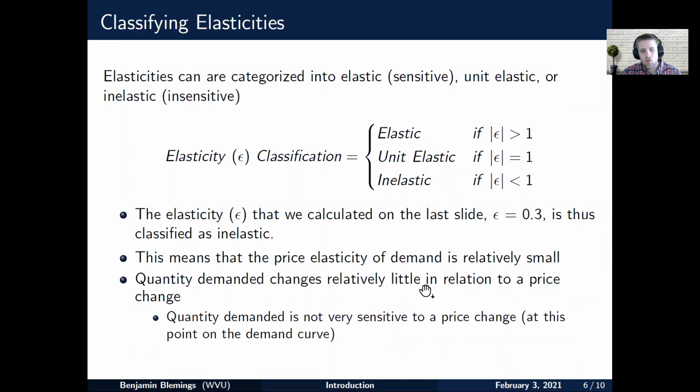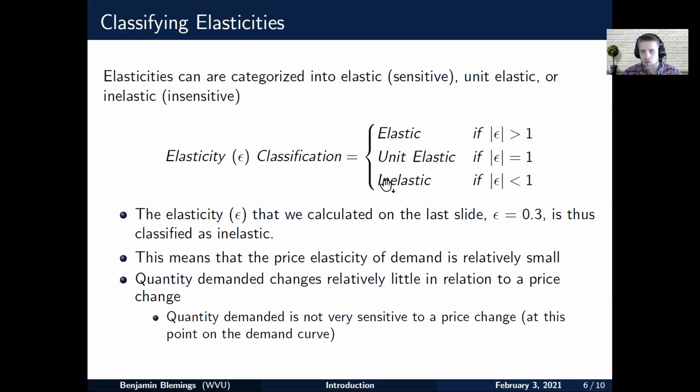We calculate elasticities in three broad categories: elastic, which is code for sensitive, unit elastic, or inelastic, which is insensitive. If the absolute value of the elasticity that we calculate is greater than 1, it's elastic. If the elasticity equals 1, then it's unit elastic.